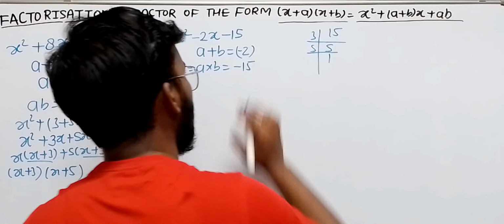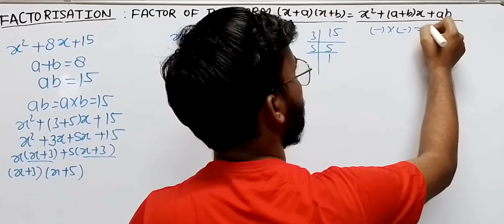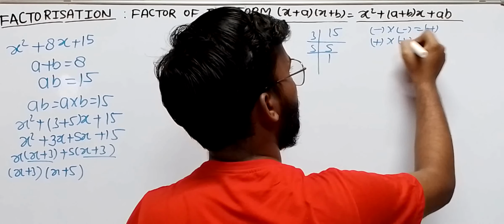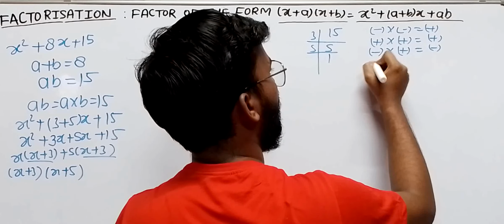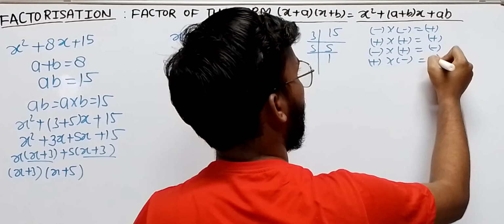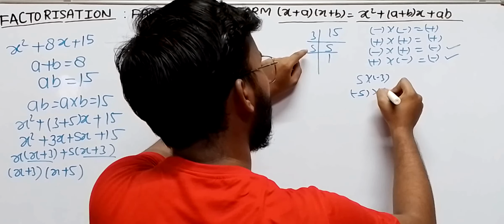For getting this minus, let me just tell you: minus into minus is plus, plus into plus is plus, minus into plus is minus, and plus into minus is also minus. Since we need minus in the product, we have to take either 5 × (-3) or (-5) × 3.